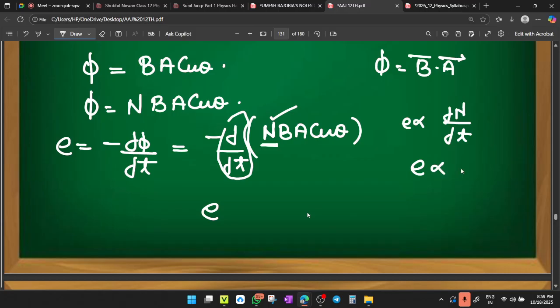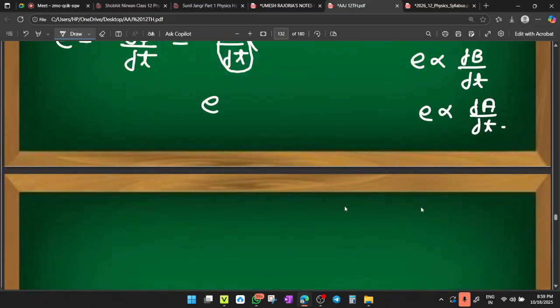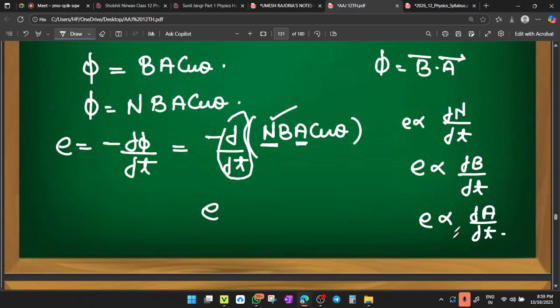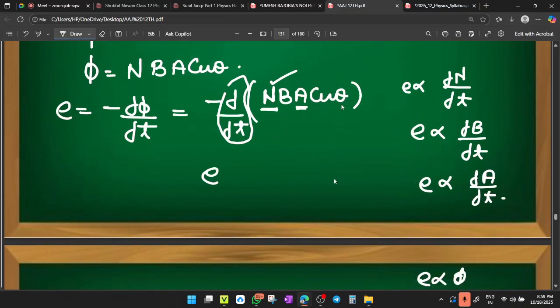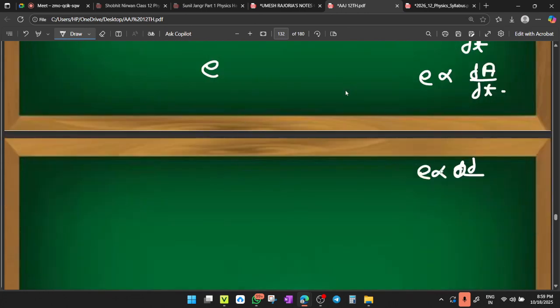Otherwise, E also depends on change of magnetic field. You can also change the magnetic field. Third, E can also be developed by changing the loop area, dA by dt. Right, beta? Area of the loop. And last, E is proportional to d cos theta by dt, means you will vary the angle theta. As theta varies, cos theta will also vary.